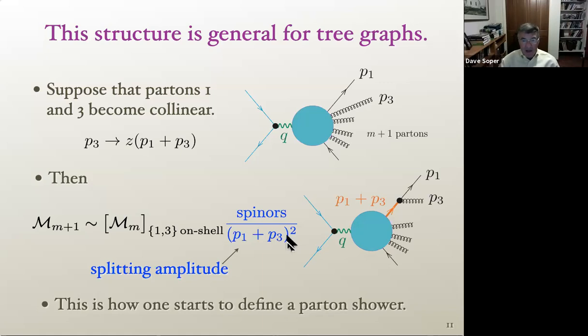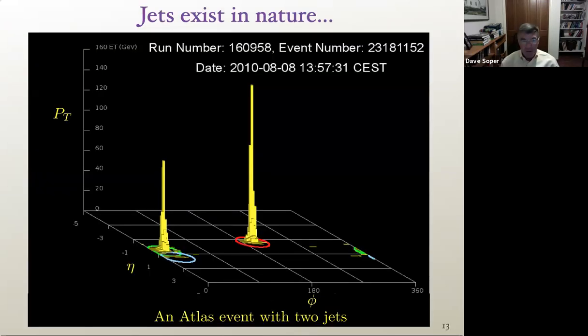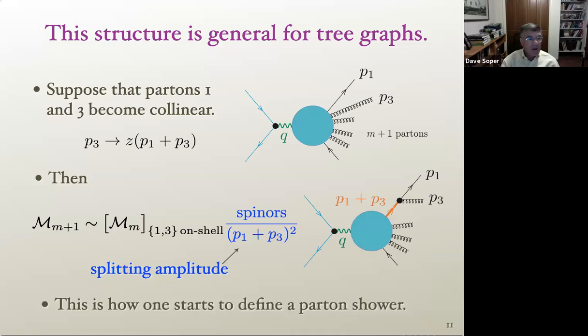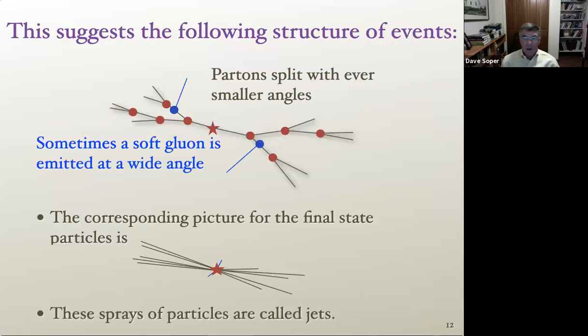So that is how one starts to define the parton shower, which a large part of this school is about, parton shower programs. So you just put that kind of thing into your parton shower. So that picture suggests the structure of events that you're likely to see in electron-positron annihilations.